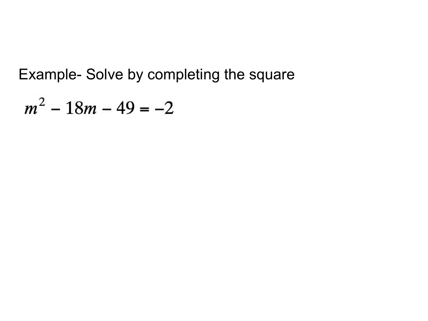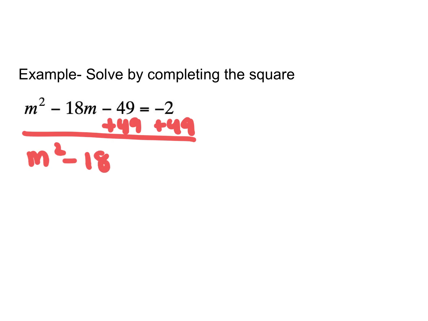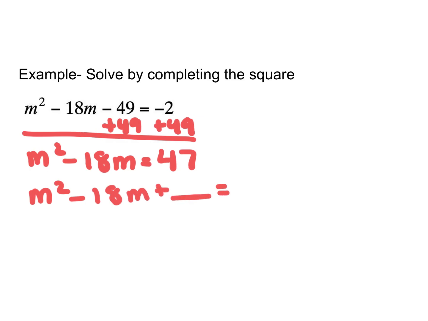So in this example, we first check the a value, so the number in front of the m squared, is 1. So I'm going to move the constant over, which means the number without a variable. So I'm going to add 49 to both sides. So it becomes m squared minus 18m equals 47. Now I have to complete the square, which means you need to figure out what you're adding.